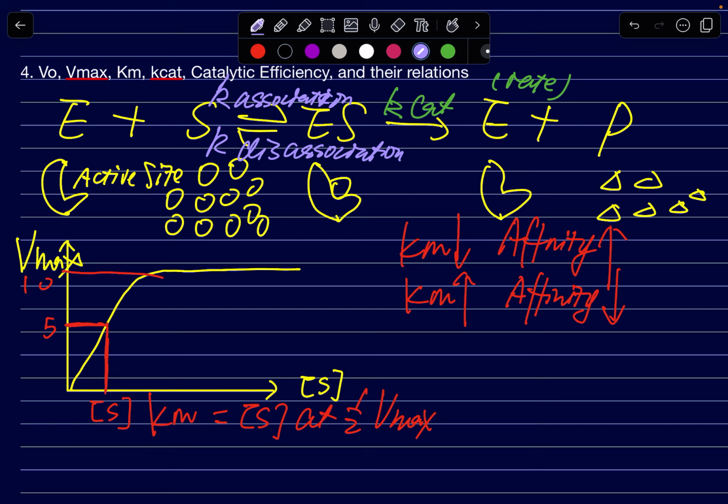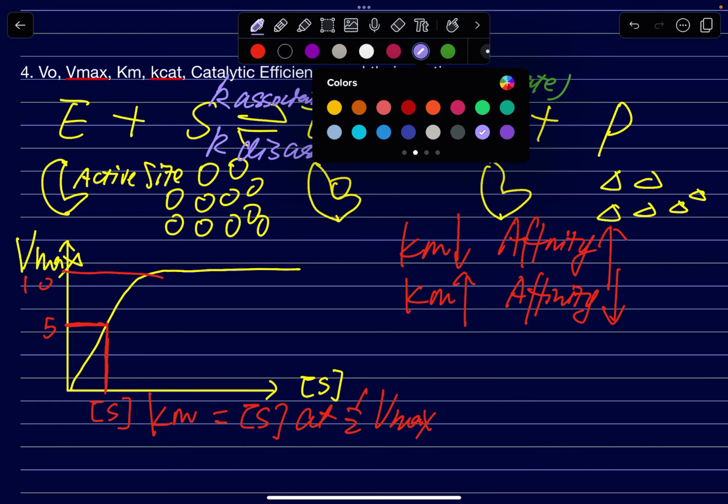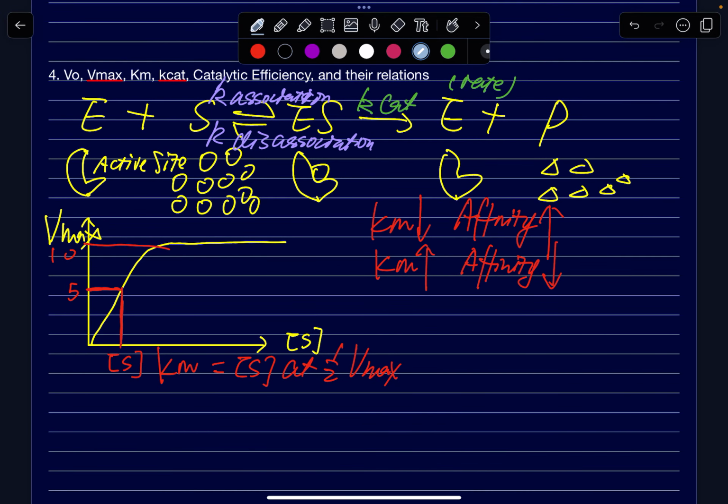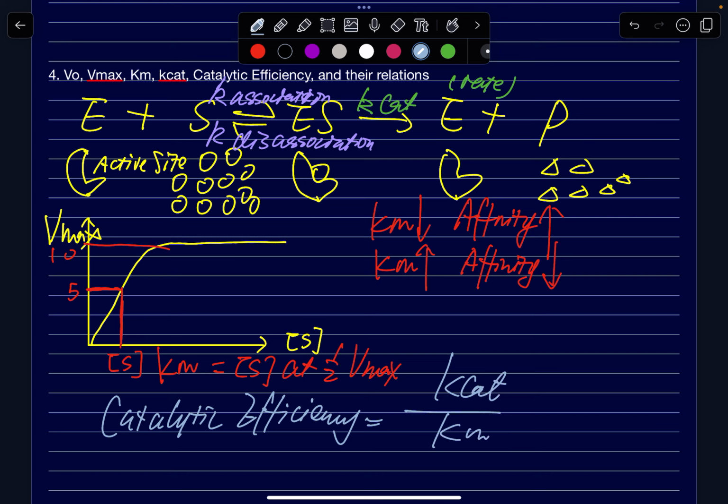Now we can talk about catalytic efficiency. Let me just use a different color. Sorry, I know that I have a million colors on my study guide. So catalytic efficiency is kcat over Km. There you go. So catalytic efficiency is always directly related to kcat and inversely related to Km.